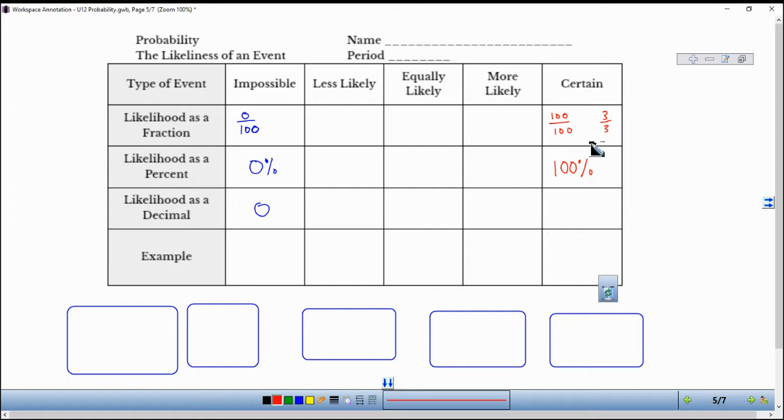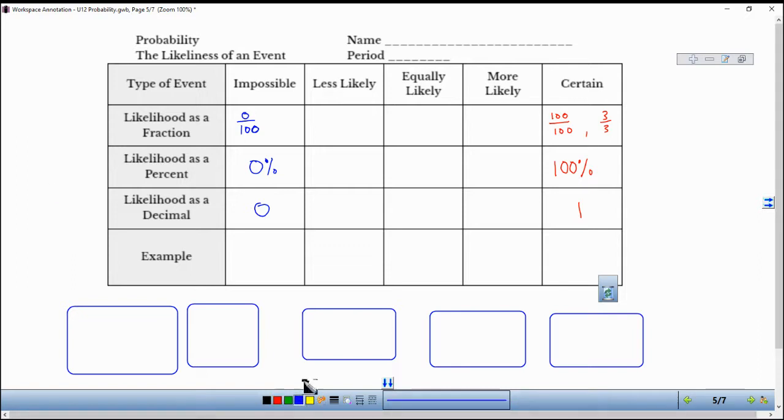So depending on the denominator will depend on the numerator. As a decimal, if 0 is impossible, certain is 1, because we would move the decimal point over 2 times to the left in the percent to get the decimal, and in this case it would be 1.